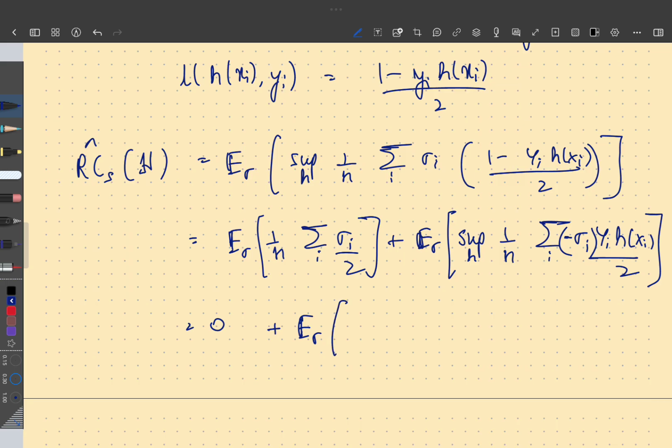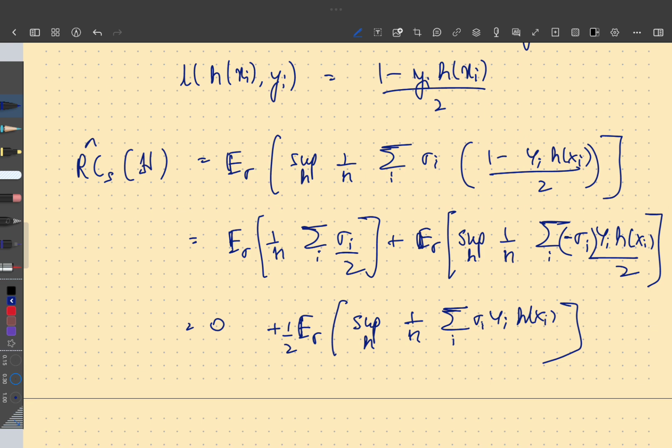So it's expectation over sigma of supremum over h of 1 by n summation over i sigma i yi h of xi. I'll take the half outside. All right.